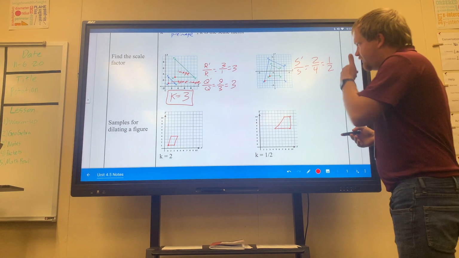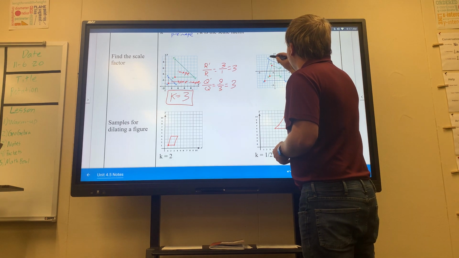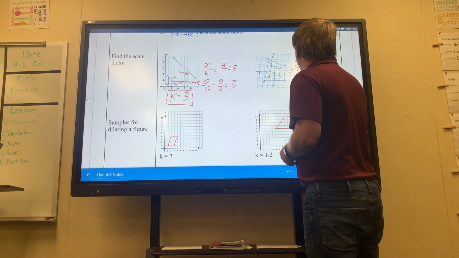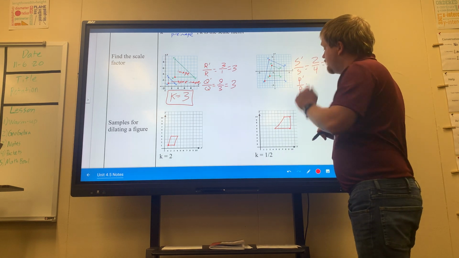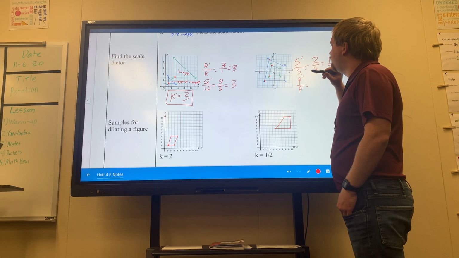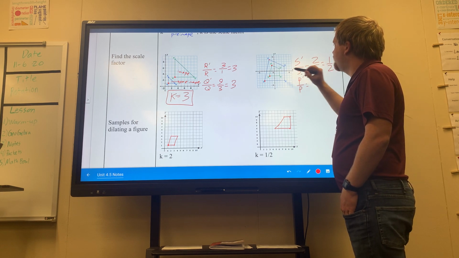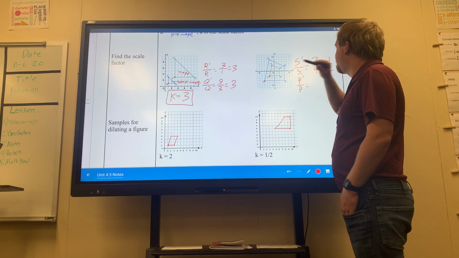And again, if you're still uncertain, let's take the P prime and P. The value for P prime, that is x. Let's just focus on the x because I don't like the half.